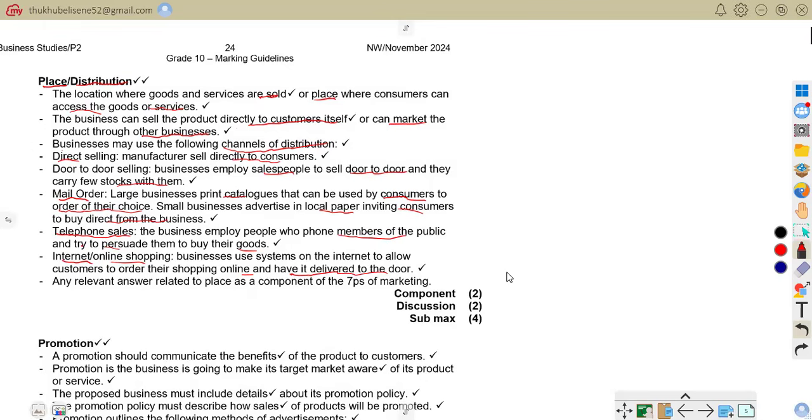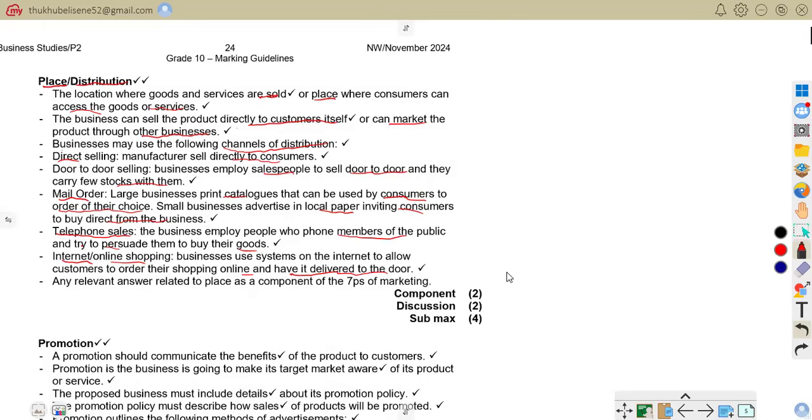So these are the answers for the place or distribution of how our products can be accessed. We understand that our products can be accessed through the channels we have talked about: direct selling, hiring salespeople to do door to door, mail orders, whereby consumers can order using printed catalogs.